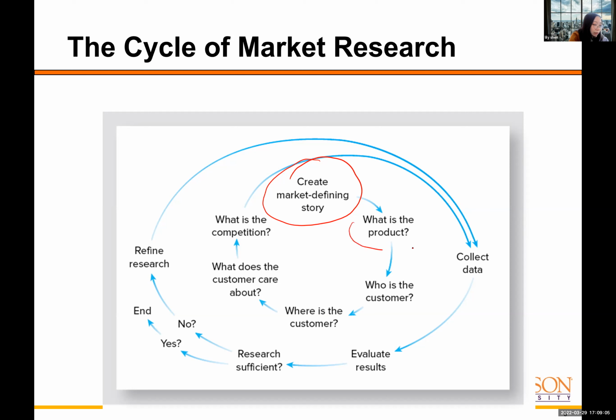First, you need to know your product. What is the product you're offering? Apartment, townhouse, planned neighborhood, or retirement home? Second, after you know the product, who are you trying to sell or rent your product to?